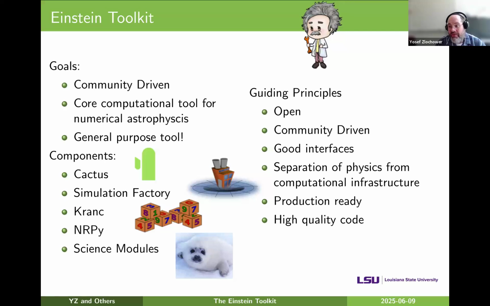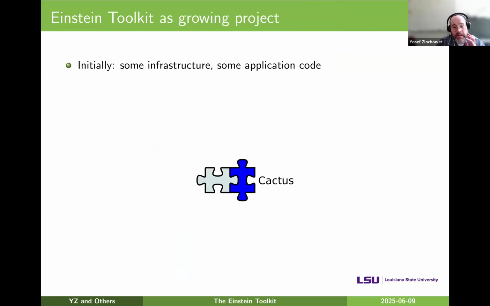Other principles is that it should always be production ready and high quality code. And high quality code means all the code that's released for the toolkit has been carefully reviewed and tested. Okay, and so the Einstein Toolkit itself grew out of the original Cactus code.